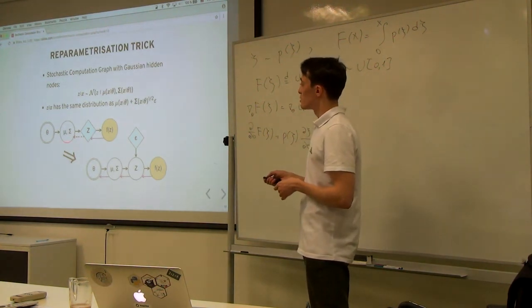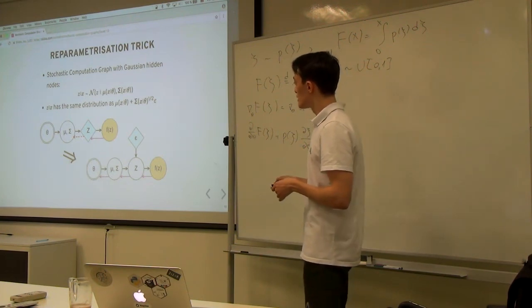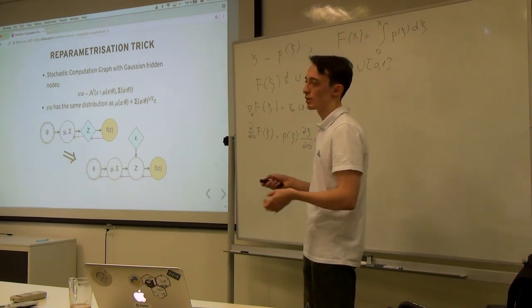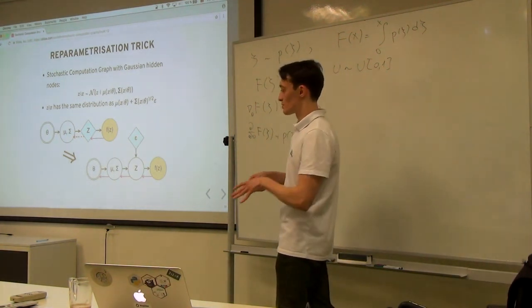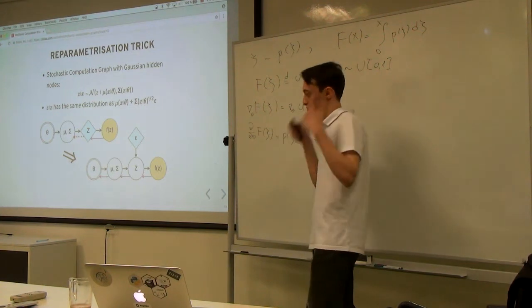Then your stochastic computation graph becomes this one, and you no longer need even to backpropagate through stochasticity. Your stochasticity comes from above.